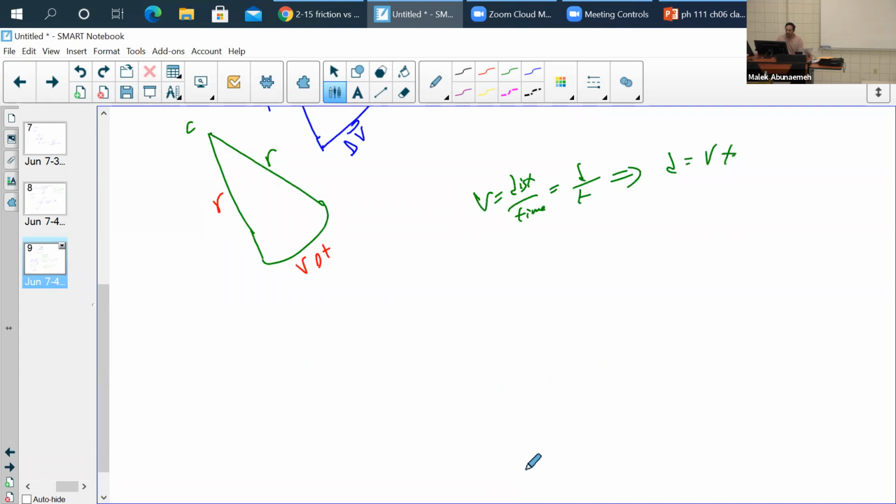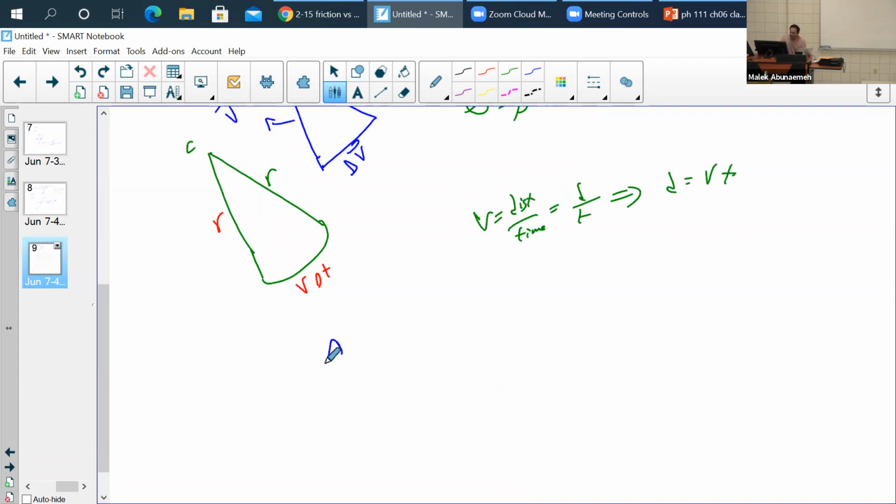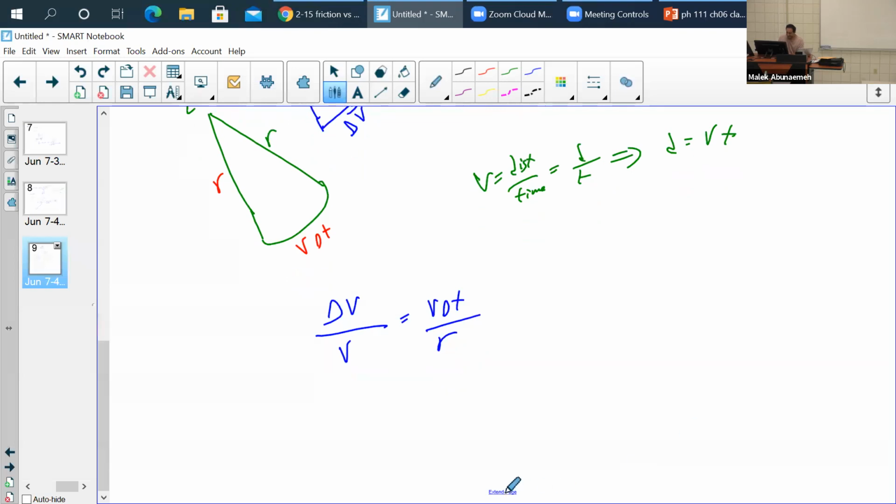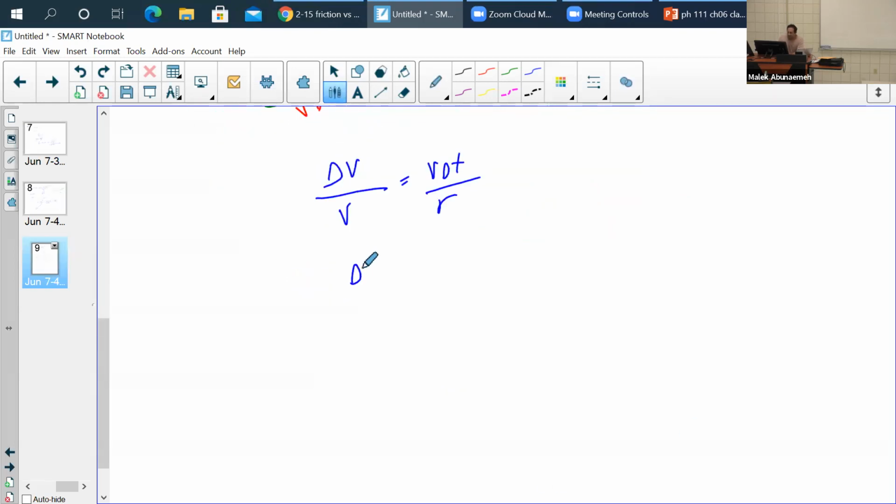Using similar triangles on both of these, your change in velocity over v is going to equal v delta t over r. That means delta v over delta t is going to equal v squared over r.